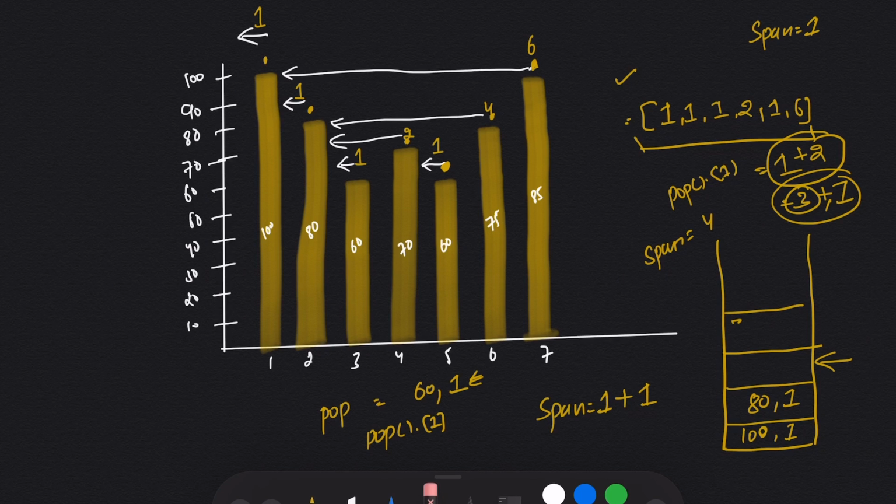Then again I will pop 80 and I will add the spend here. Now my spend value is equal to 5. Now again I will check whether previous day value is less than today's or not. No, it is not. That means I will add 85 with spend value equal to 5 plus 1, which is 6. In this way, I will get my solution.